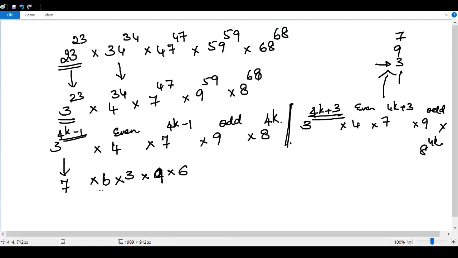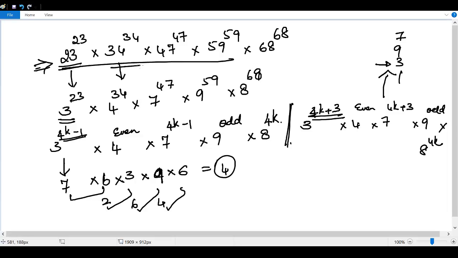Right? And thus, what is the value that we are talking about? So we are talking about 7 into 6, 2, 2 into 3, 6, 6 into 9, 4, 4 into 6, 4 again. So 4 becomes the unit digit of this particular value. Right. So this is one kind of a question.